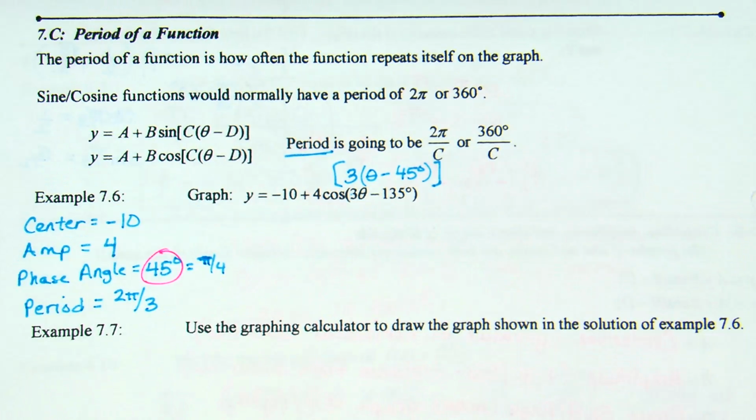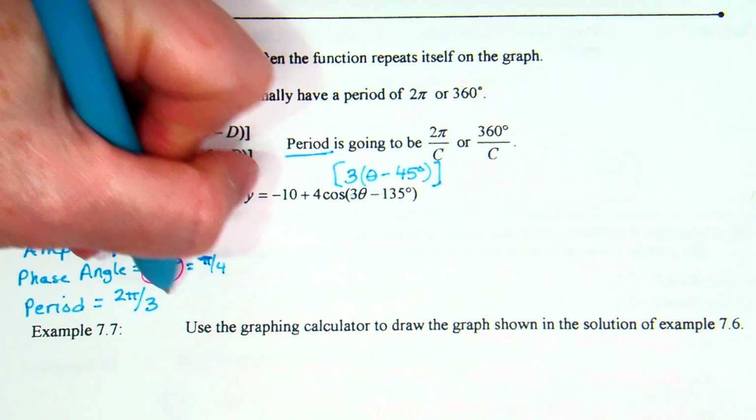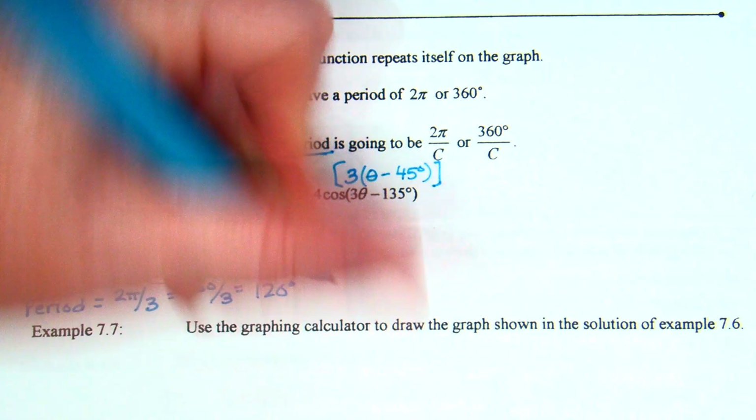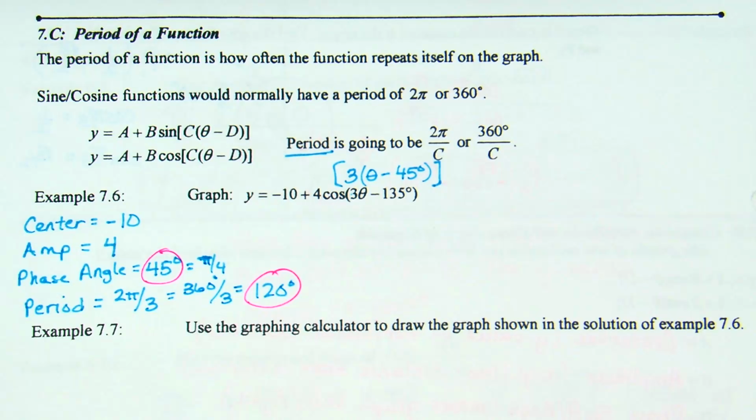If you instead think about this as 360 divided by 3, 360 divided by 3 is 120. And so you can think about a period of 120. Okay. Not the most fun, but it's what we have to work with here.